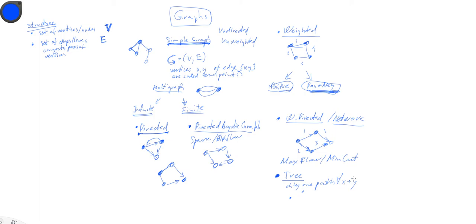There is only one path. There are many different types of trees, like binary trees, where the node has at most two children. So there is a whole class of algorithms related to trees and different types of them.